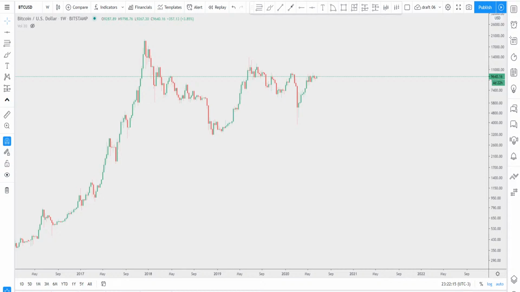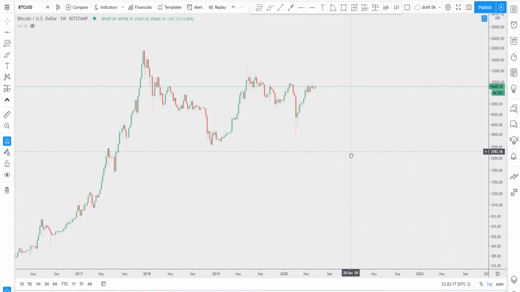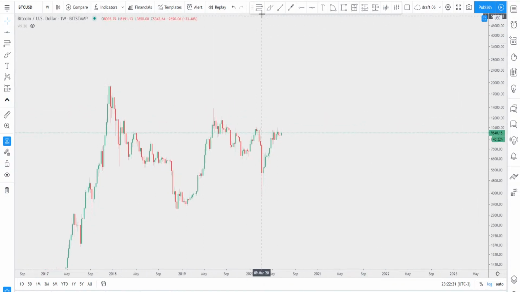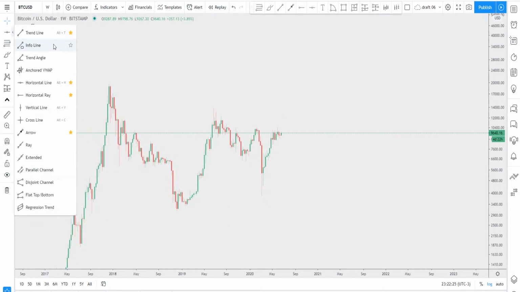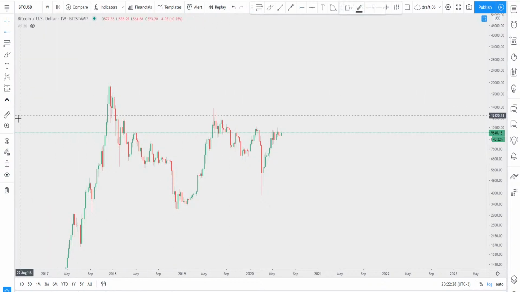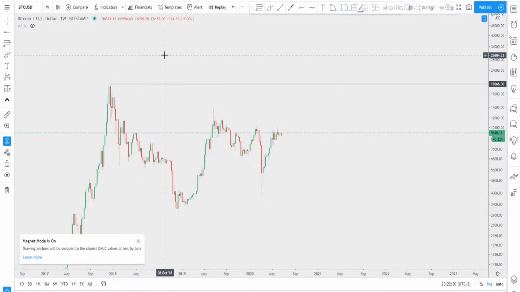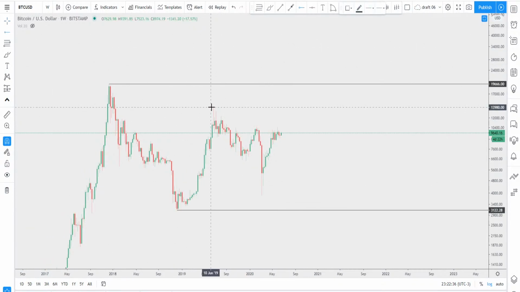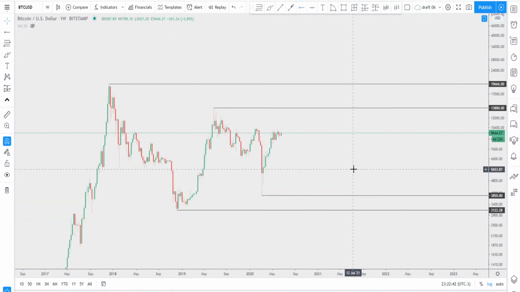Okay, let's go. What I want to show you is this. First, let's acknowledge the proper levels so you guys understand what's going to be the range and why. If you are familiar with my charts, this is nothing new for you. So this is the scenario that we have.